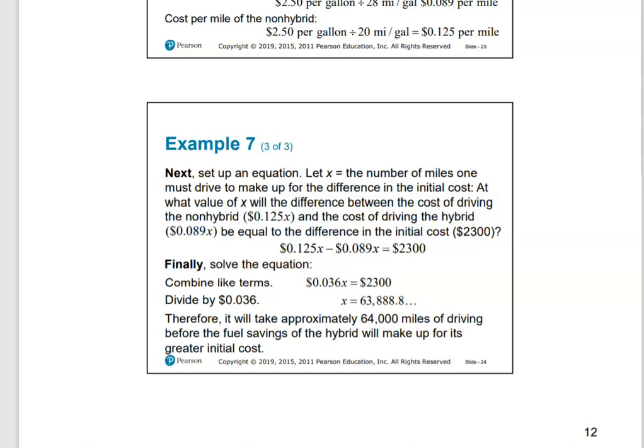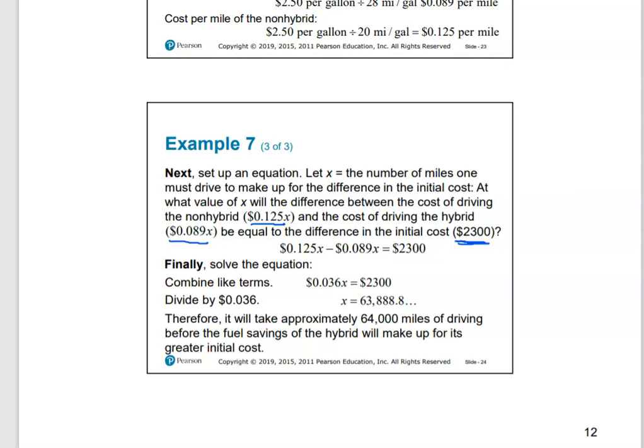So next, you're going to set up the equation. Let x be the number of miles one must drive to make up the difference in the initial cost. At what value of x will the difference between the cost of driving the non-hybrid, which was 0.125 times x, and the cost of driving the hybrid, which is 0.089 times x, be equal to the difference in the initial cost, which the initial cost of the vehicles were $2,300 apart.